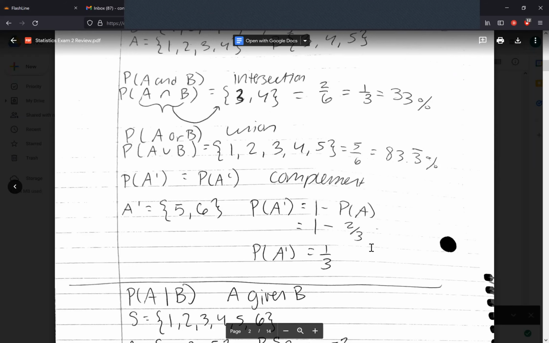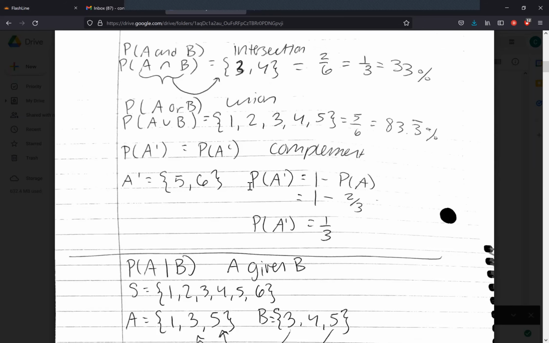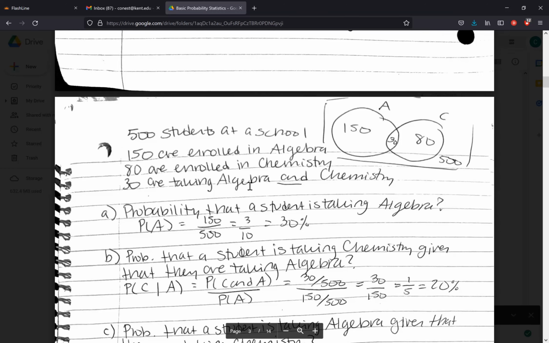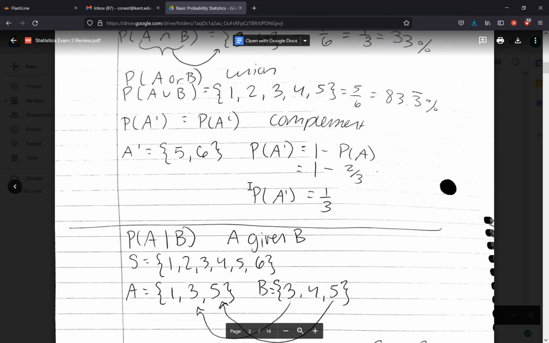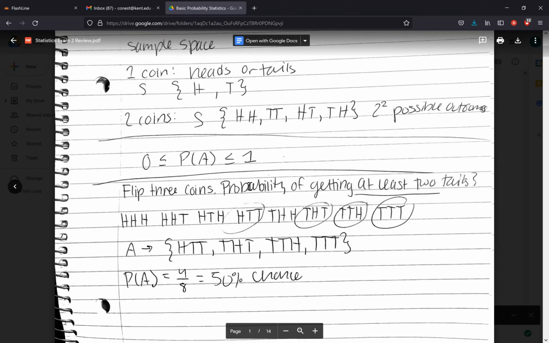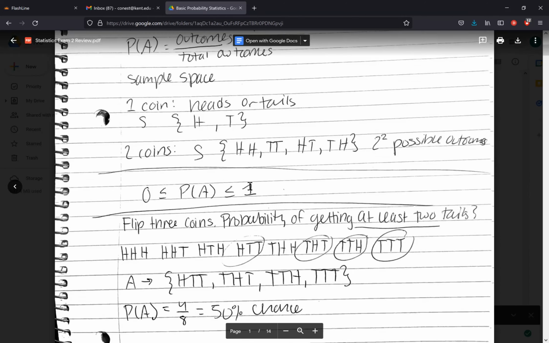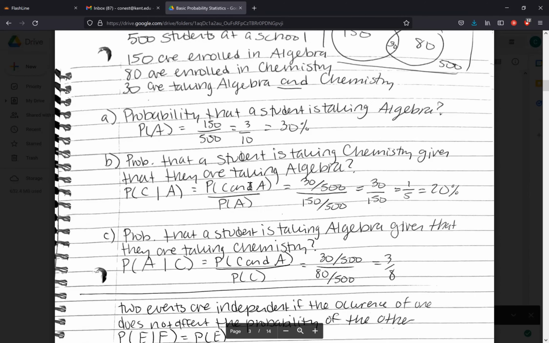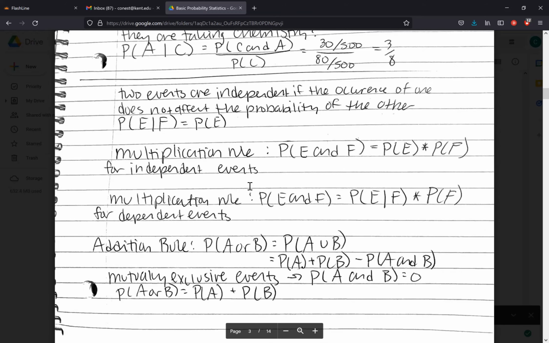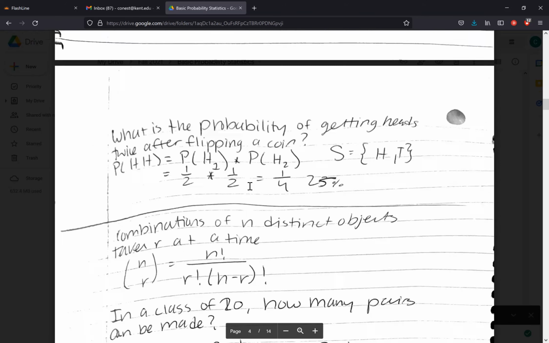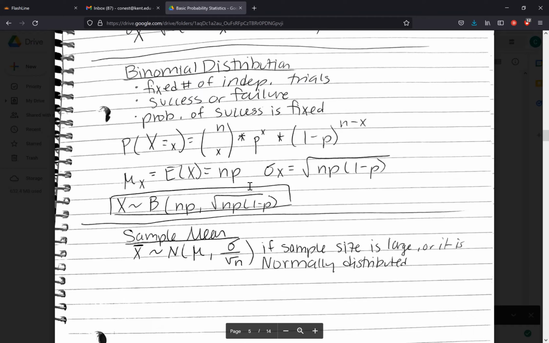Yeah, it just makes it easier. For the complement, we can just do 1 minus the probability of basically the other side. And we know that we can do this from the, where did I put it? It's here somewhere. Anyways, it might be more clear once we go back to the problem.